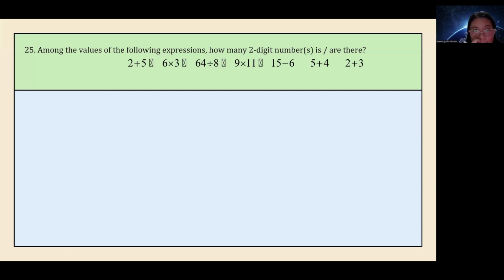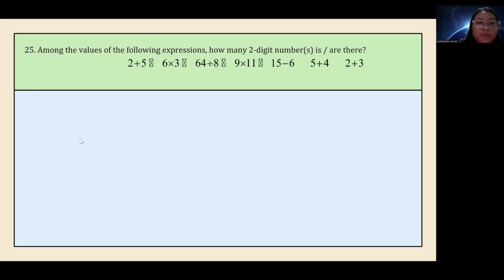Almost done, right? So this one, among the values of the following expressions, how many two-digit numbers are there? Okay, so the only way that you can do this is to actually get the result from these expressions.